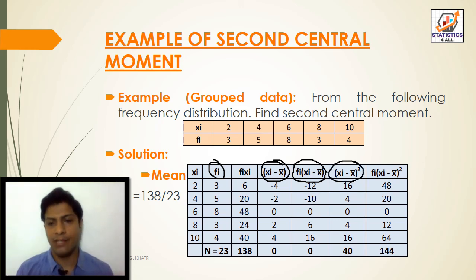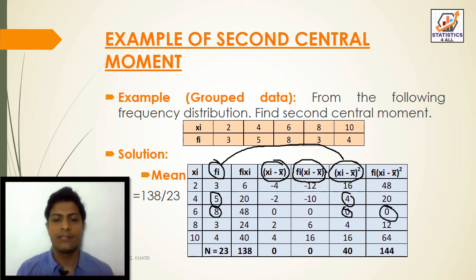So here we multiply fi with this value. 3 into 16 is 48. 5 into 4 is 20. 8 into 0 is 0. 3 into 4 is 12.